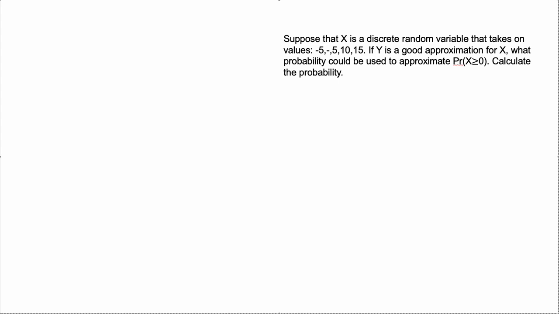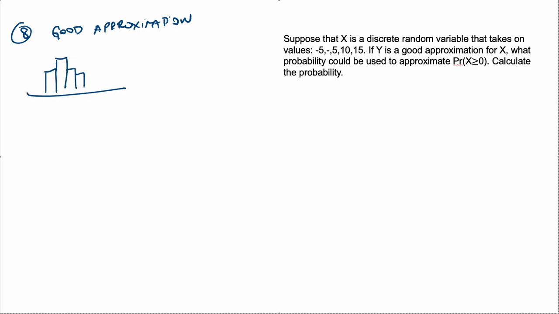So what else have we seen on continuous random variables? So this is item 8 of the recap. Item A of the recap tells us about what we call a good approximation. Just to recap, with a discrete random variable, you have a histogram, and sometimes you don't have the histogram to calculate the area, okay?